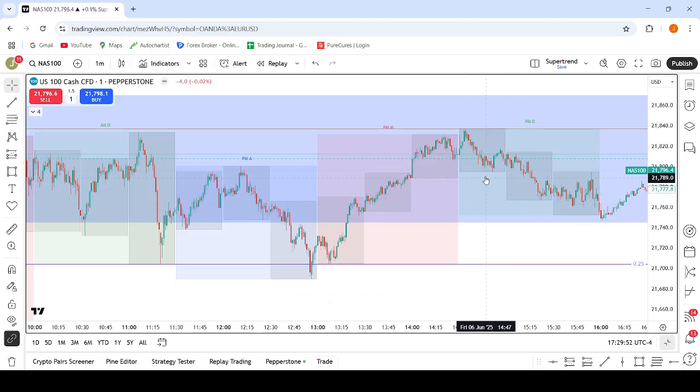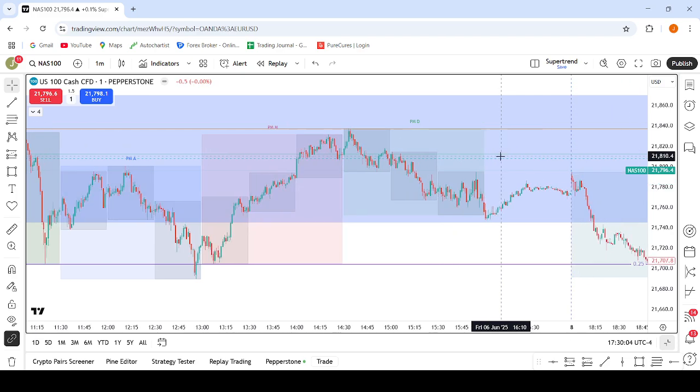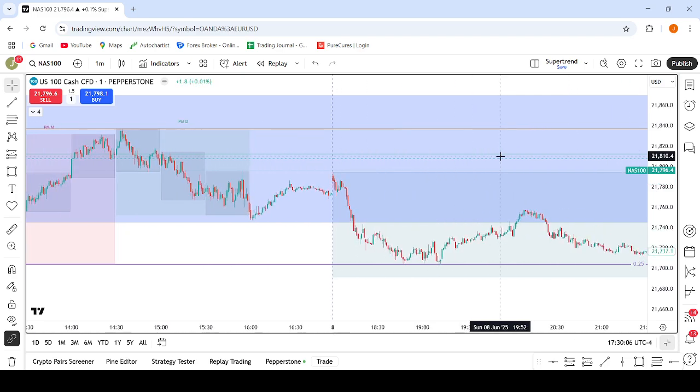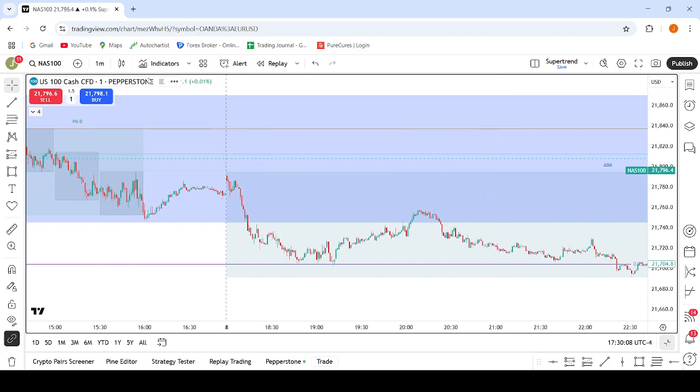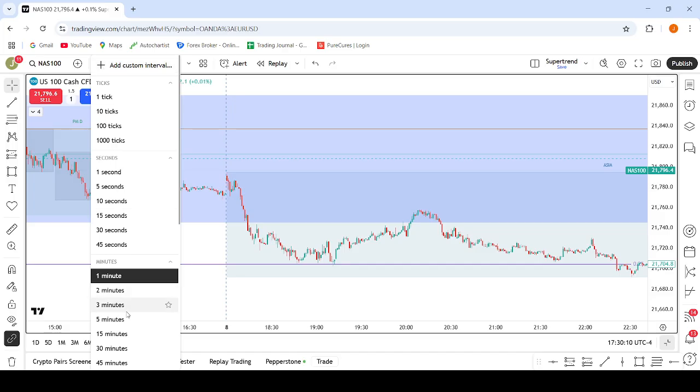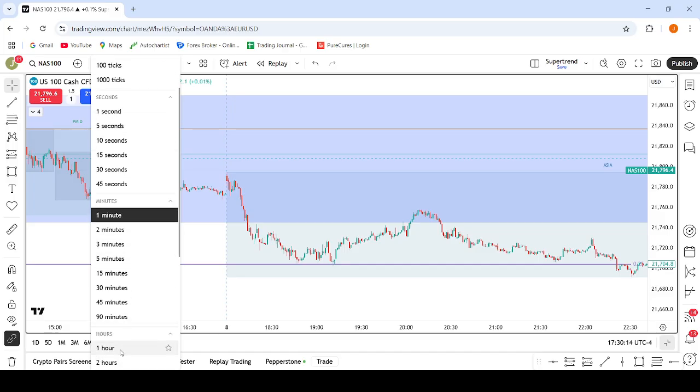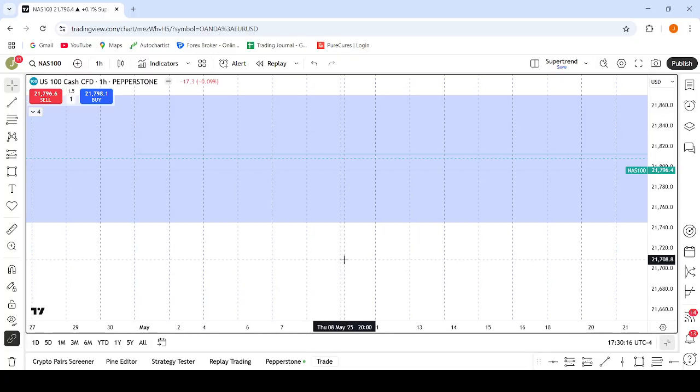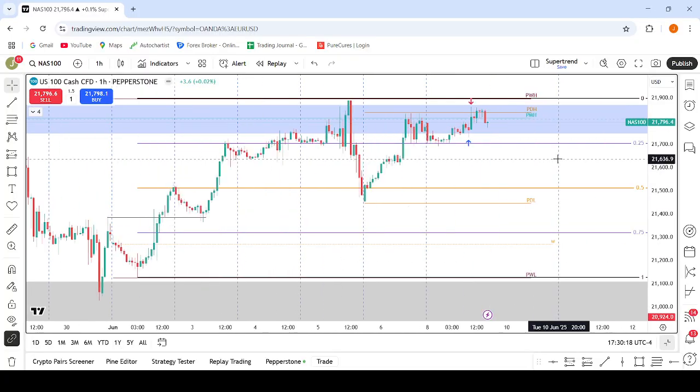You see that high, it lines up with that. I just think it's a very key level. I'm not sure anymore. But ultimately, that's where I'm at.